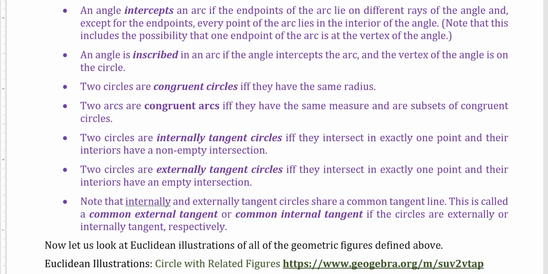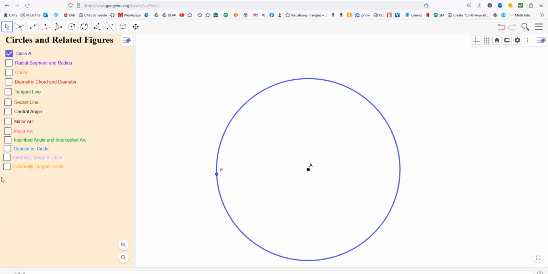So we're looking at this here. Here are some internally tangent circles. So notice that the interior of this circle, circle Z, intersects with the interior of circle A and has some points in it, including the point Z, for example. But the two circles intersect at only one point, W here, okay, and they have a common tangent line, which is this line here that's going through W. Those are internally tangent.